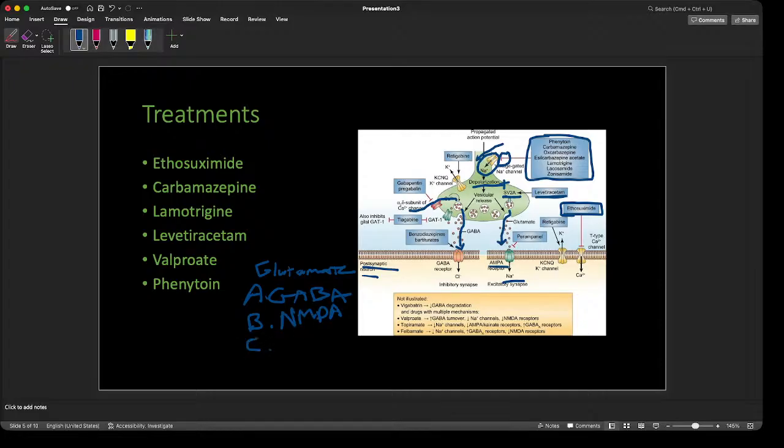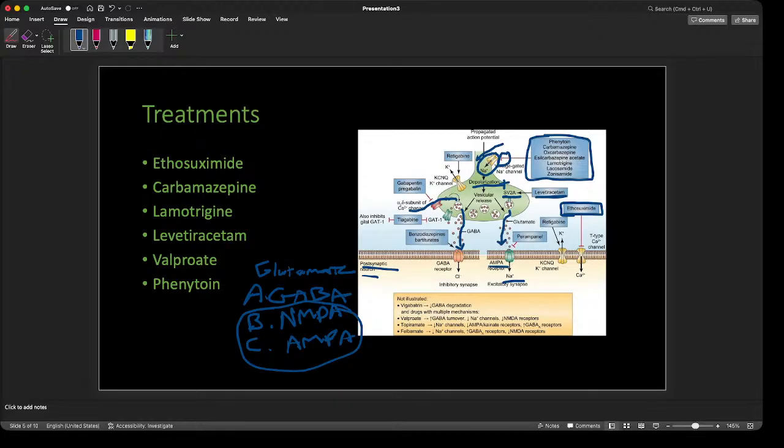Or C, it could be AMPA. These are things that you need to understand, these kind of receptors, because they play an important role in terms of seizure types and all. So just have a little understanding of that. We'll go over more of these receptors in a future lecture. I just wanted to give you a little bit of overview here.